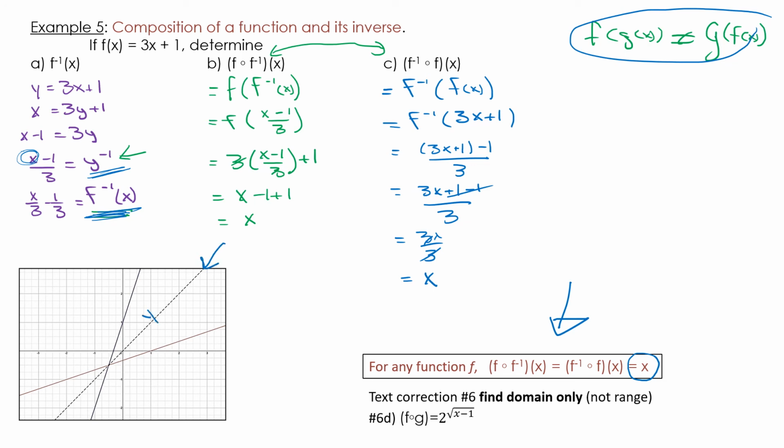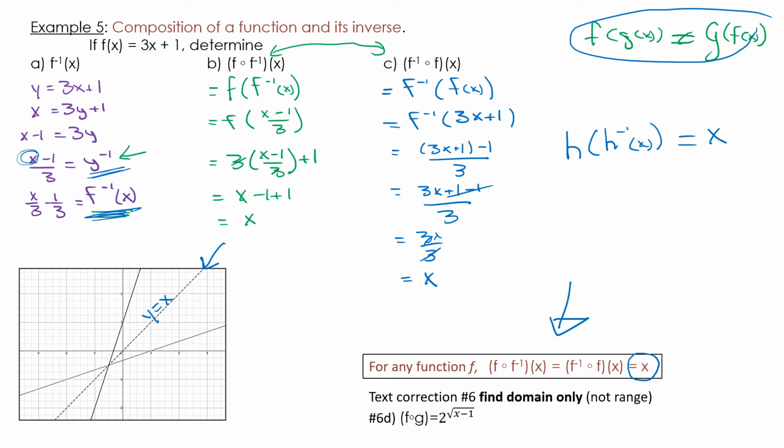This is the line y equals x. So if you get a question like this in your homework, and it's a totally different question, it says find h at h inverse at x, well, you don't have to spend all day doing that. The answer is x. So that is the only time where that happens.